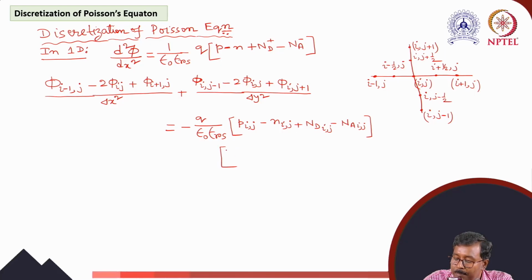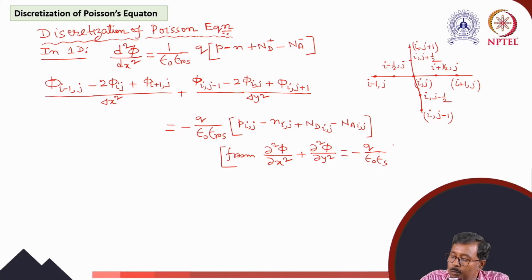So it is coming from del square phi del x square plus del square phi del y square, which is equal to minus q by epsilon 0 epsilon s into the carrier concentration p minus n plus nd minus na.